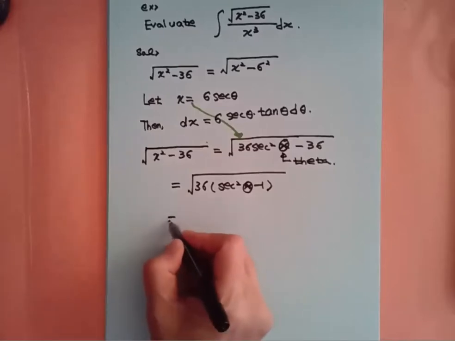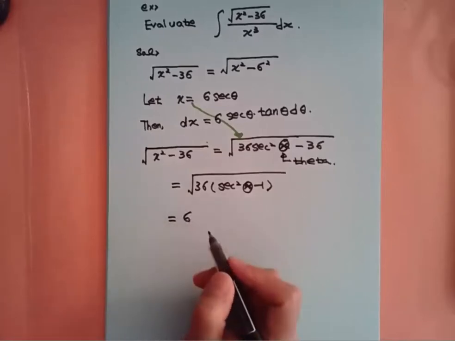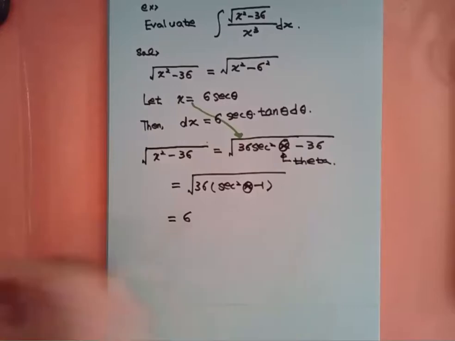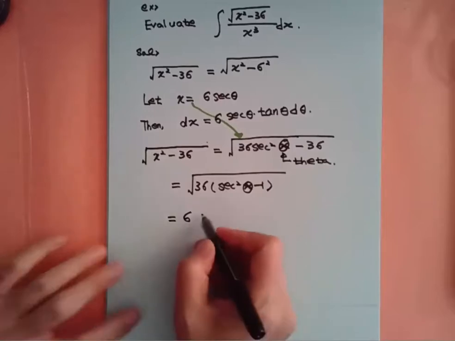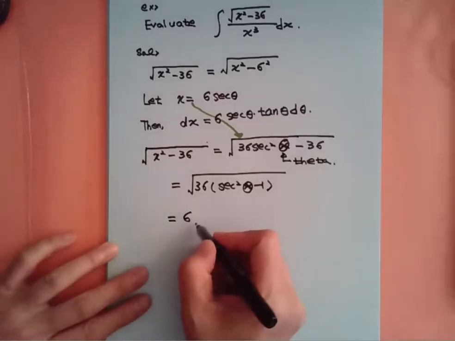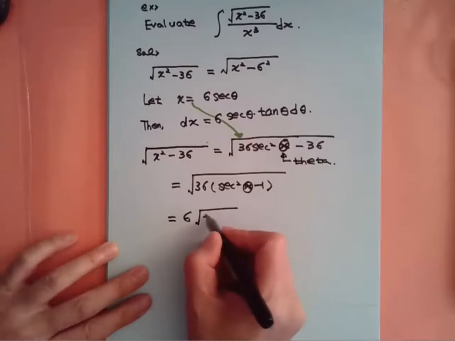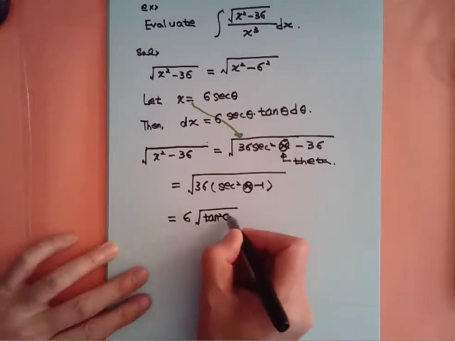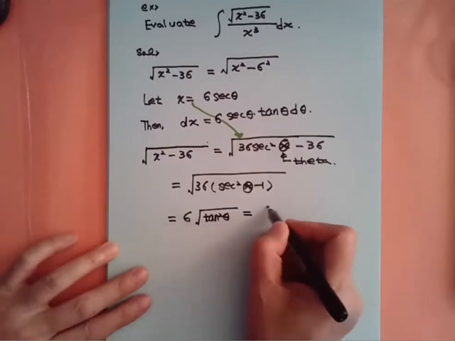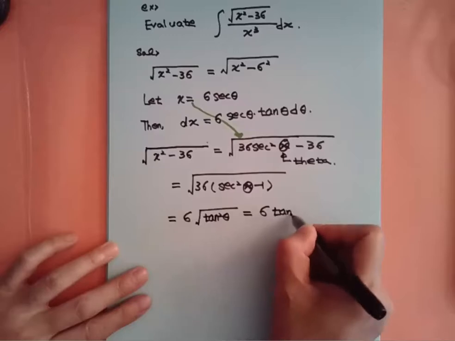Square root of 36 is 6, and secant squared minus 1 is tangent squared of theta, right? So this becomes square root of tangent squared of theta. So that is 6 tangent of theta.